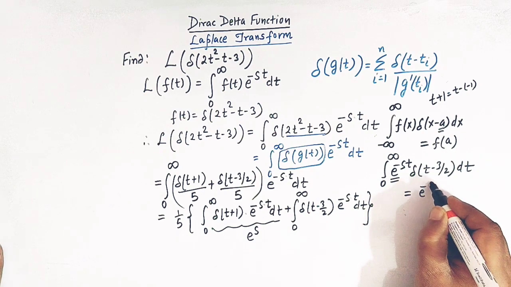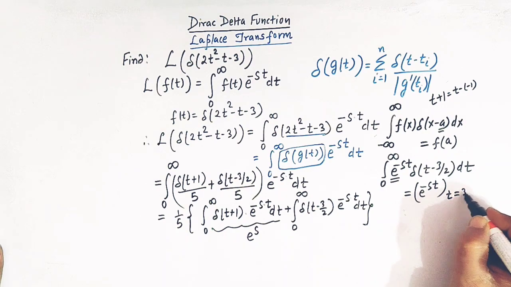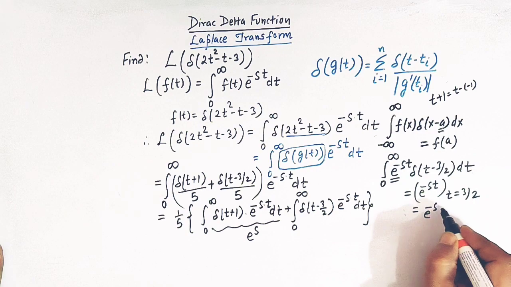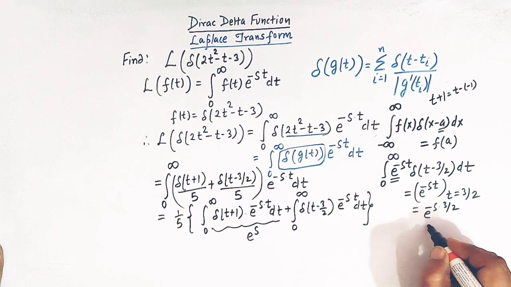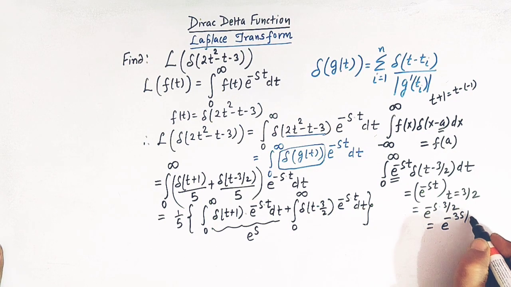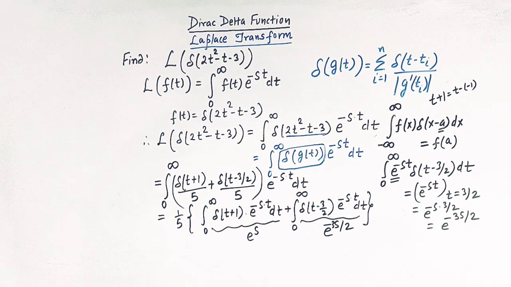So e raised to minus s t with t equal to 3 by 2 gives e raised to minus 3s over 2. So the value of this integral is e raised to minus 3s over 2.